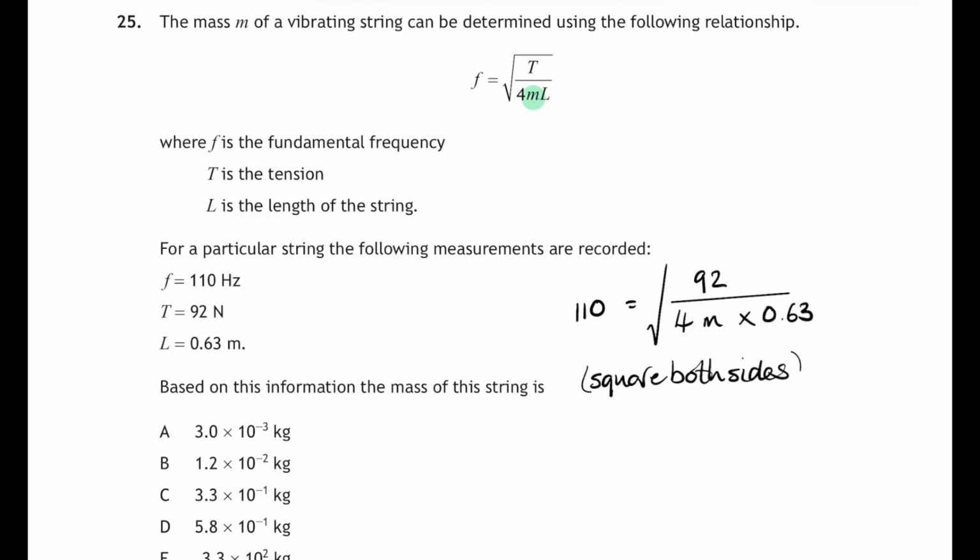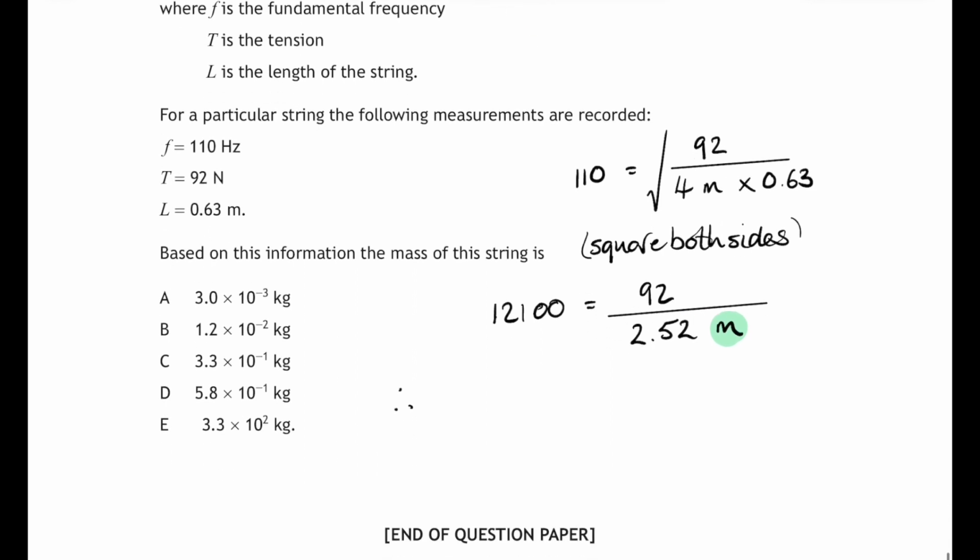So let's square both sides to get rid of the square root sign. So 110 squared is 12,100, and that'll be equal to 92 over 4 times 0.63 is 2.52 times m. And then we'll rearrange it to find m.